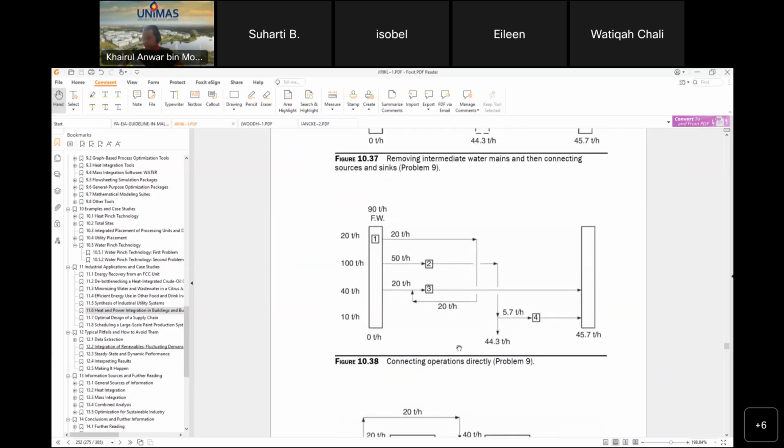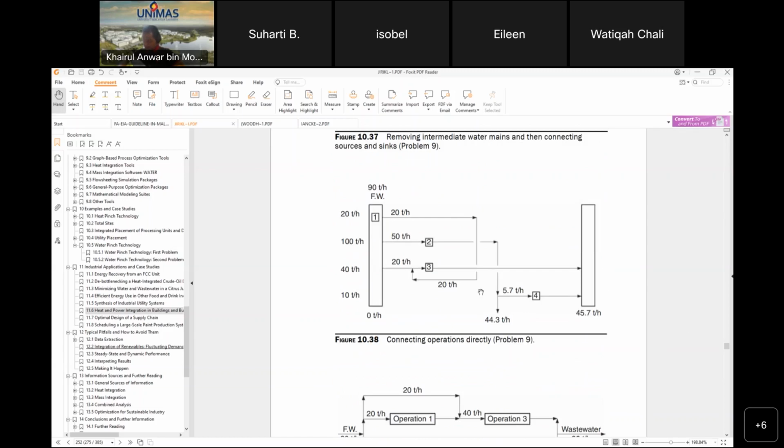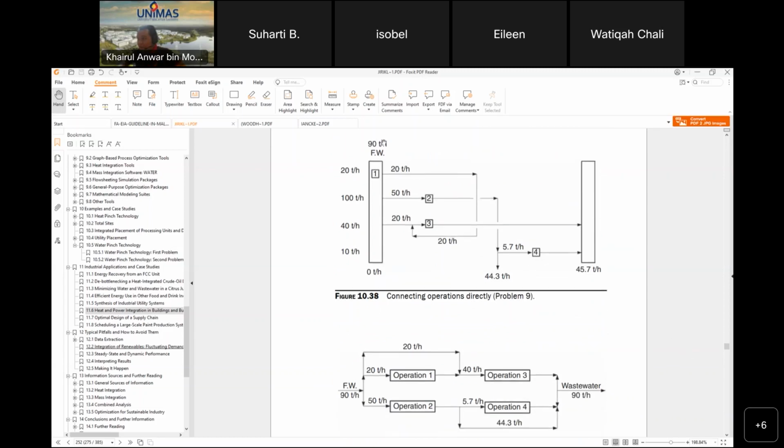So this is connecting the operations directly, a direct operation without the intermediate. So from 90 ton per hour fresh water to 45.7 ton per hour and 44.3 ton per hour, both are wastewater.